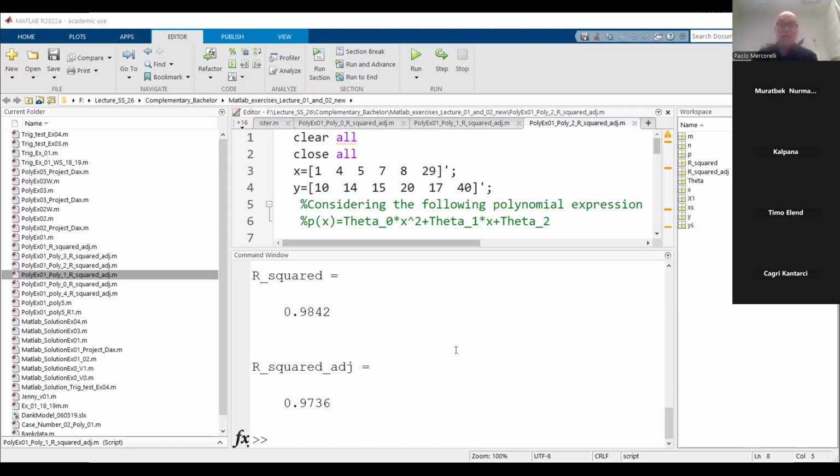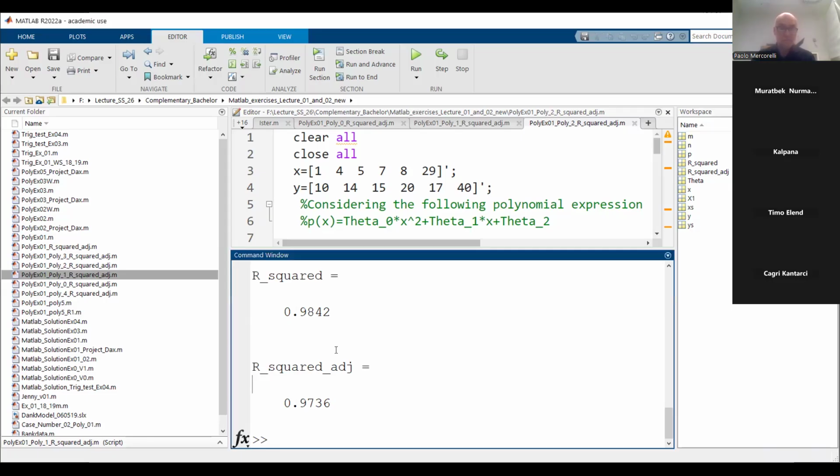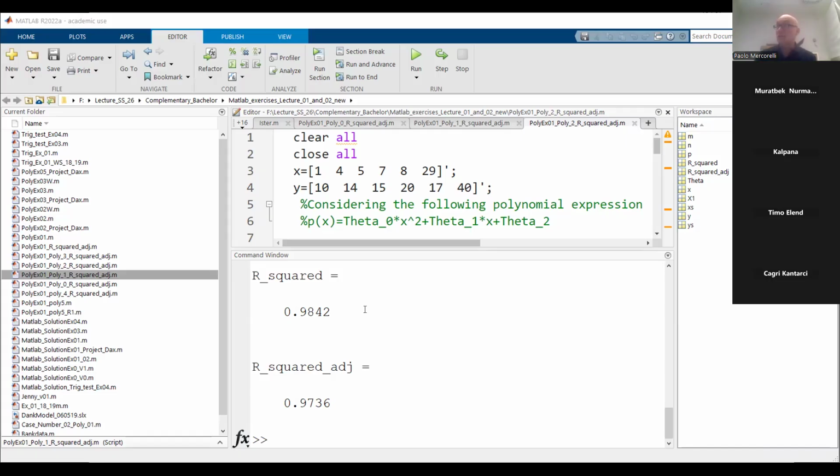To figure out what happens, it is this one.